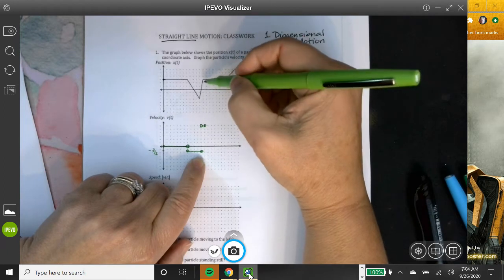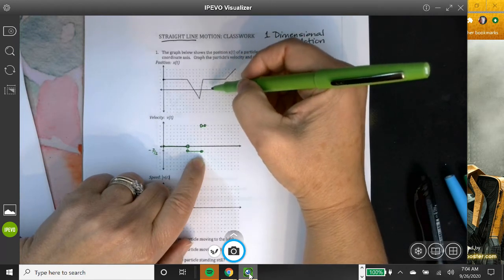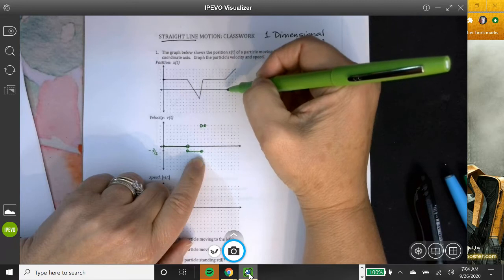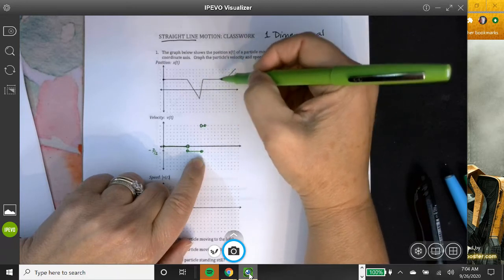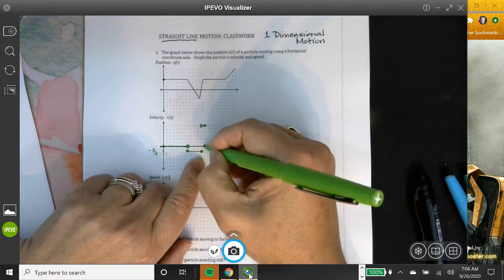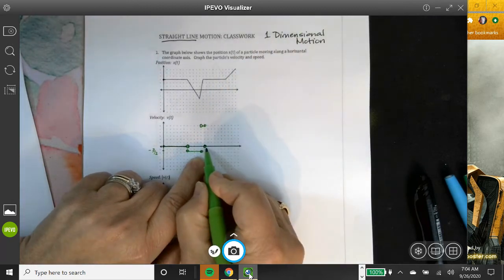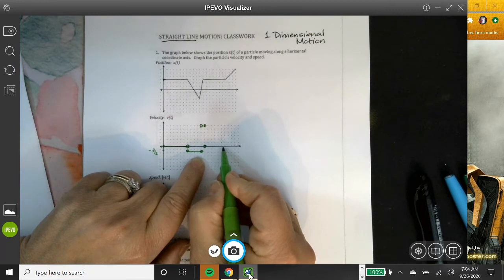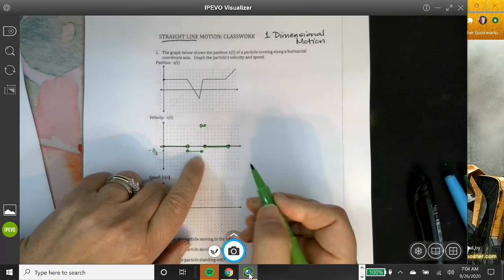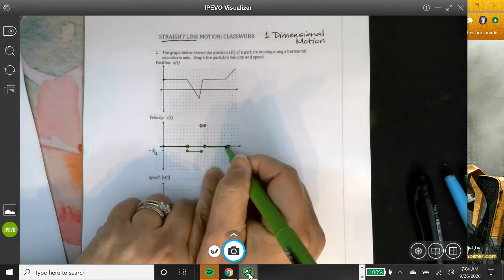And then from 12 to 19, it looks like I'm back to 0 again. So 0. Right here, open dot. And it's got a 0 slope.